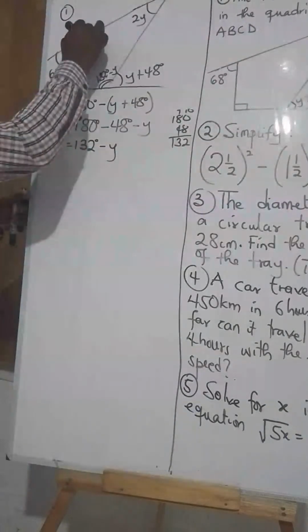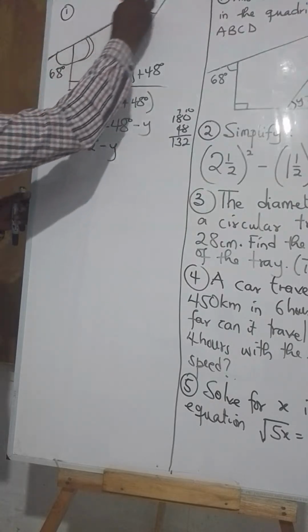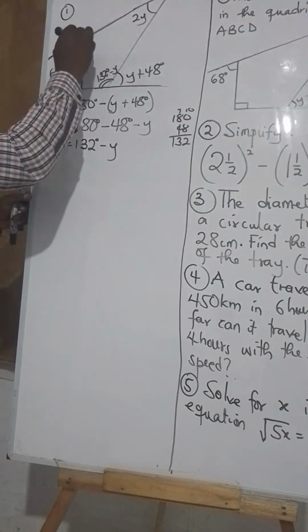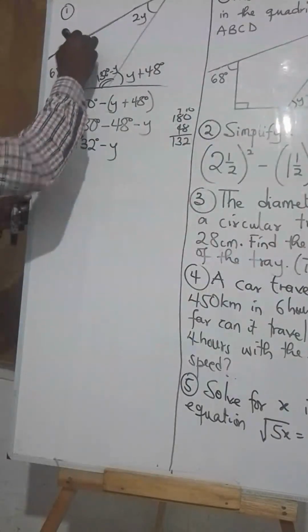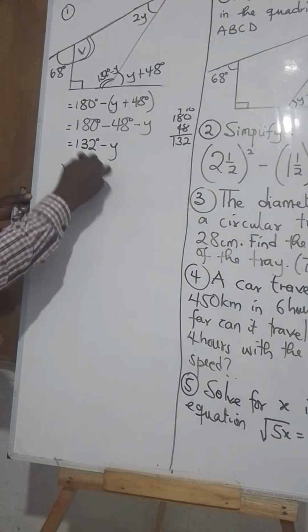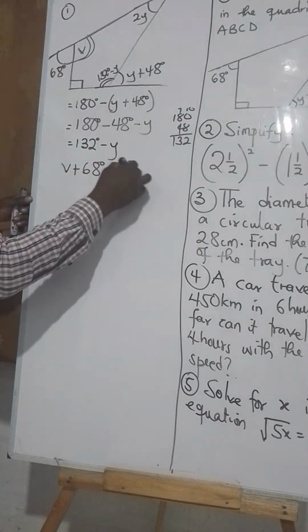Then to calculate the angle here, we can also use angles on a straight line. Let's put a letter, say v, here. So we have v plus 68 degrees equal to 180.